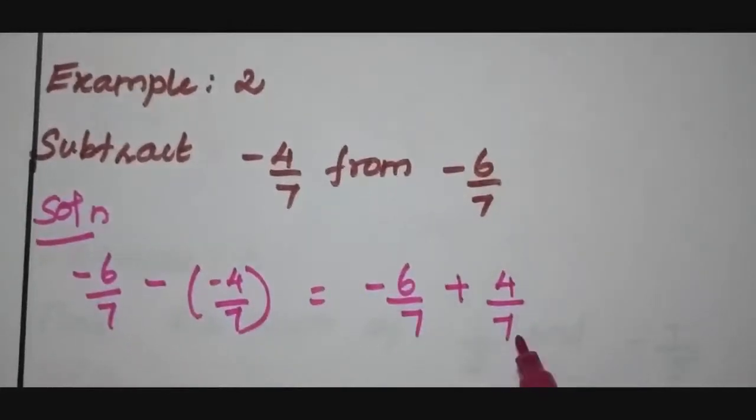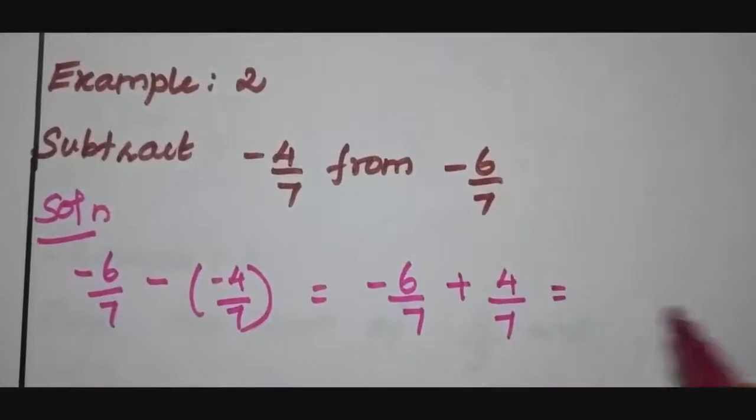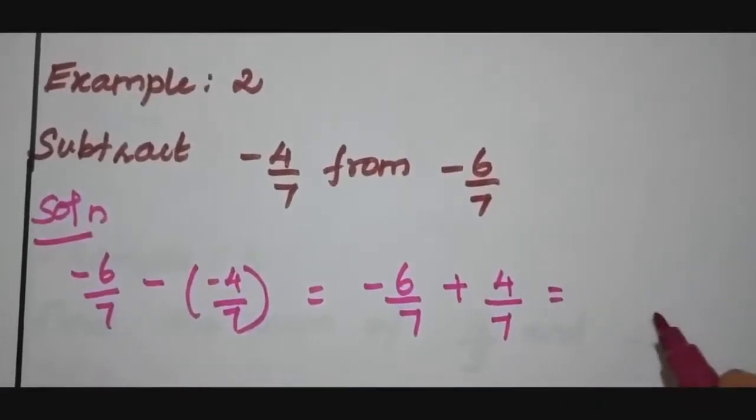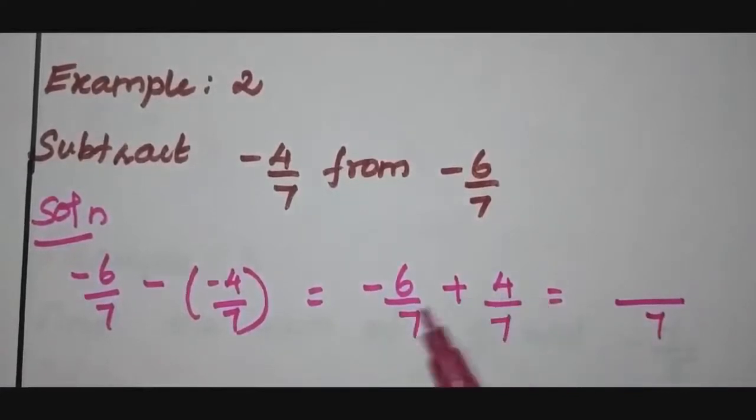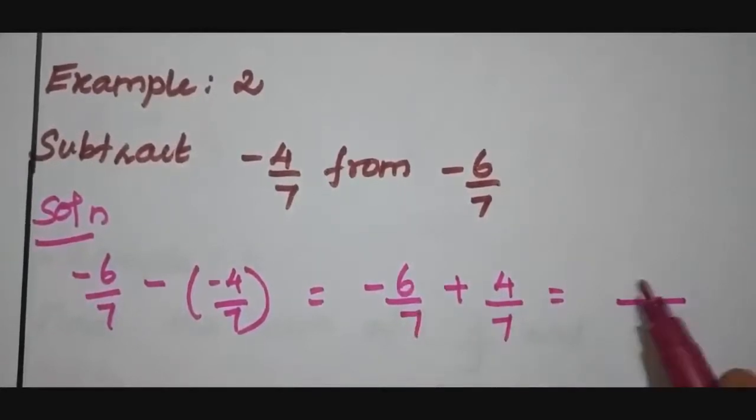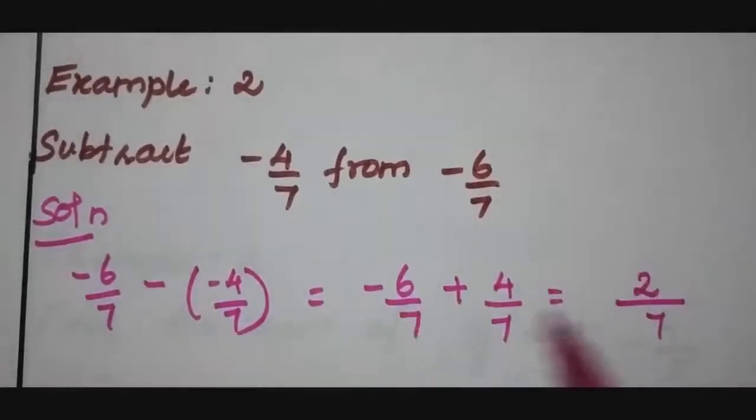Here the denominators are same. So you can write the denominator as such. Now this is minus 6 and this is plus 4. When it is in two different signs, you have to subtract and write the greater number sign. The difference between 6 and 4 is 2 and the greater number sign is minus. So your answer is minus 2 by 7.